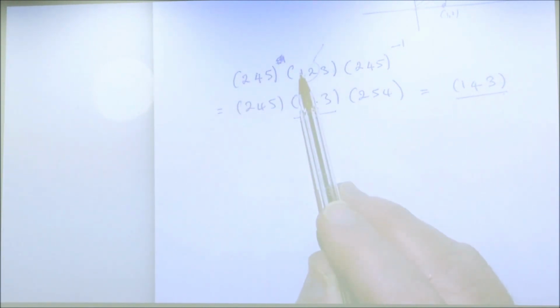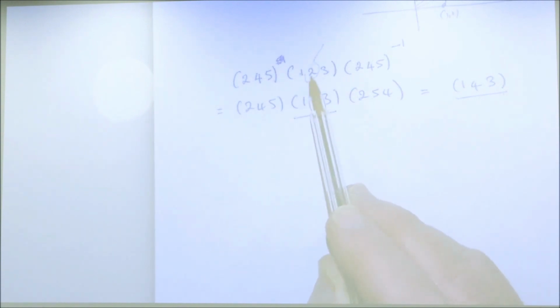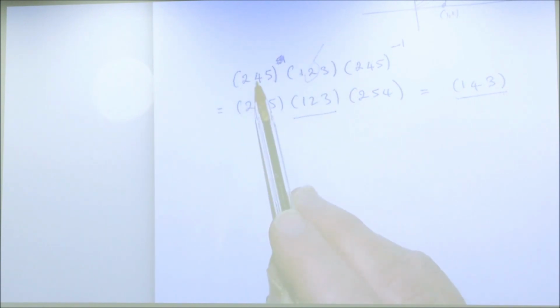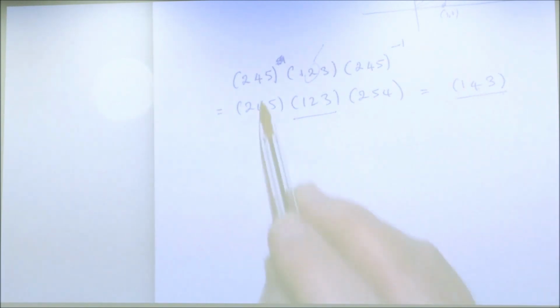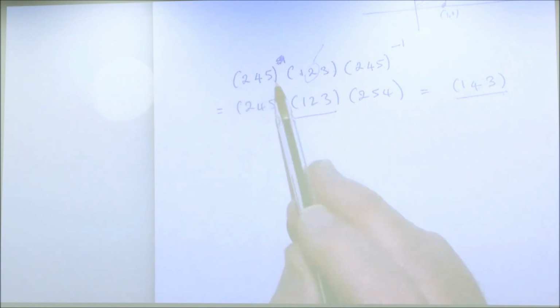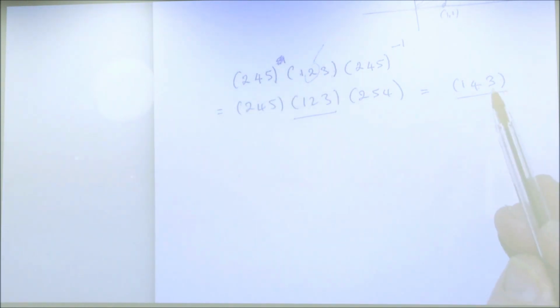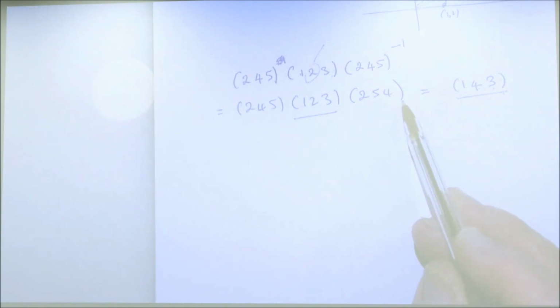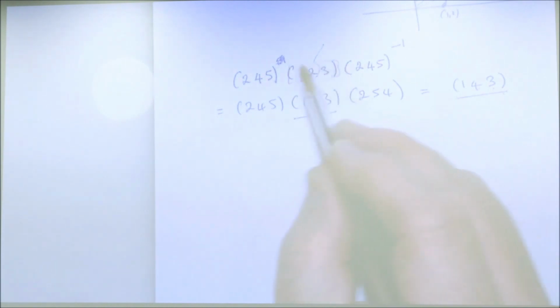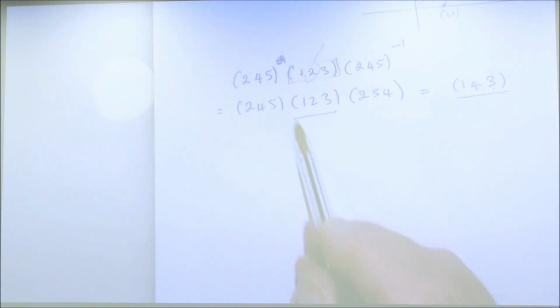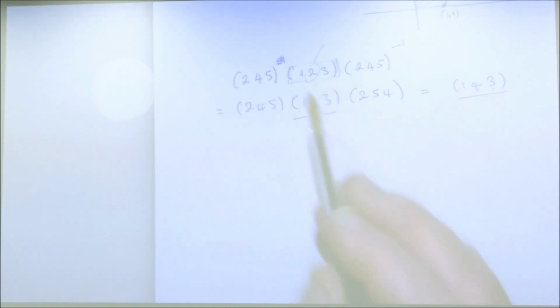So 1 is left alone by this, it becomes 1. 2 is sent to 4 by this permutation, and 3 is left alone by this permutation, so it stays there. So the effect of conjugation is simply to take the entries of this cycle and replace them according to the rule given by the conjugating element.